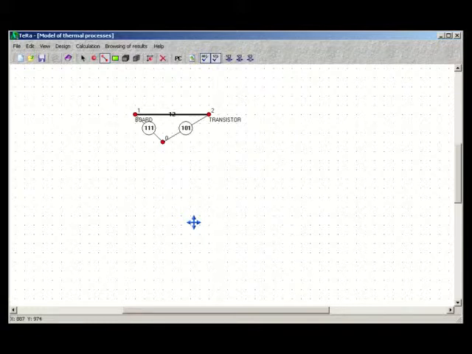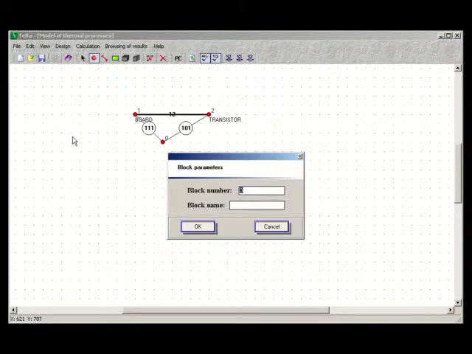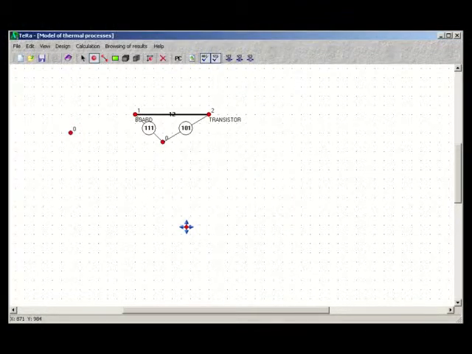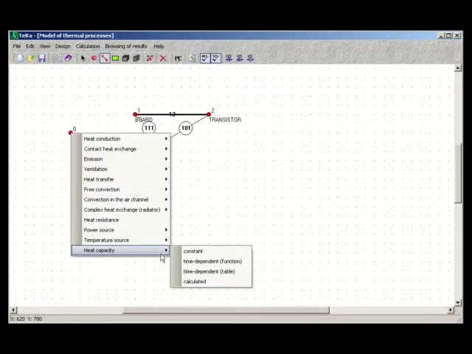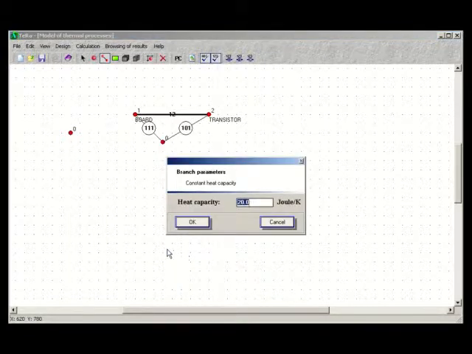For input of the thermal capacity, we set a new block 0 and connect block 1 to block 0 through the branch heat capacity constant. We enter the value of the heat capacity equal to 2.